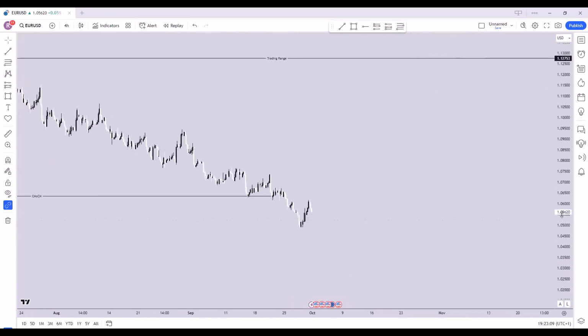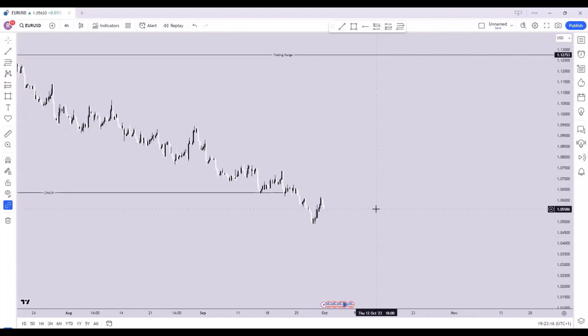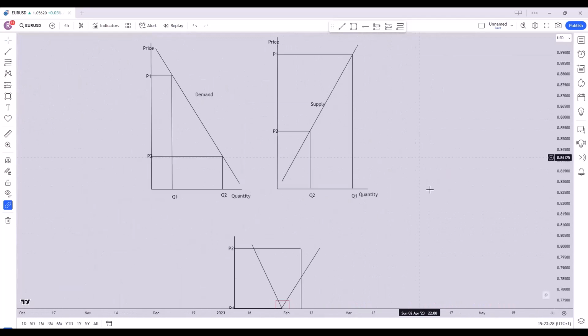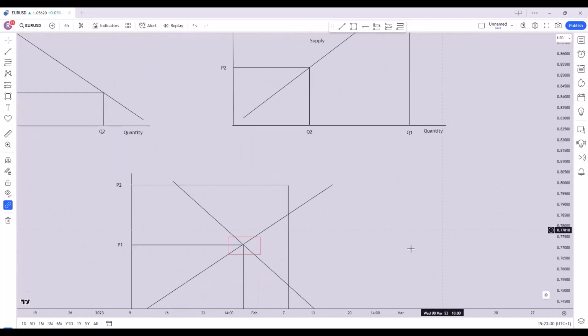This is current price right here on Euro USD. We've got 1.05620. So at this price right here, this is where demand and supply meet. Okay, this is the fair market price for buyers and sellers to both get in and be able to trade that specific currency pair. So that's what I'm talking about when we go through this.